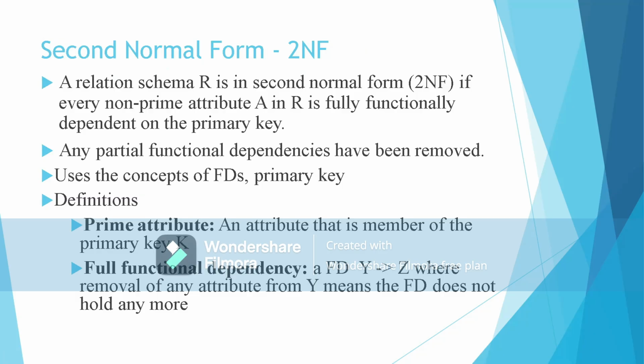Now the next normalization form is the second normal form. In 2NF, partial functional dependencies have been removed, which means it contains only fully functional dependencies.